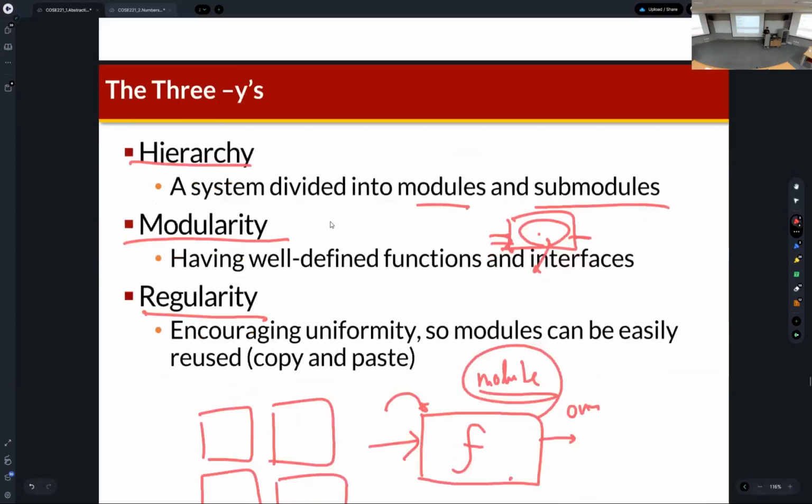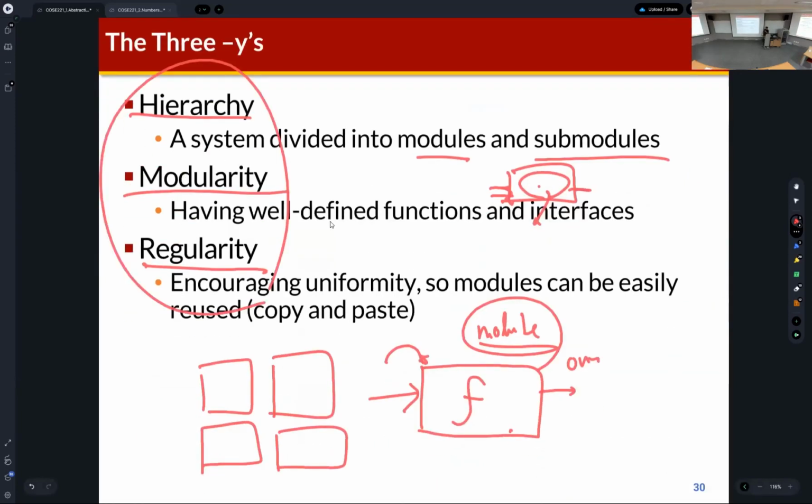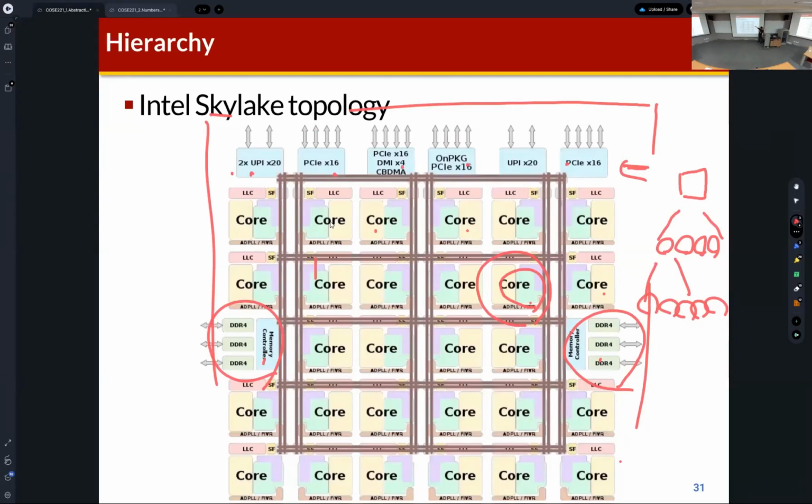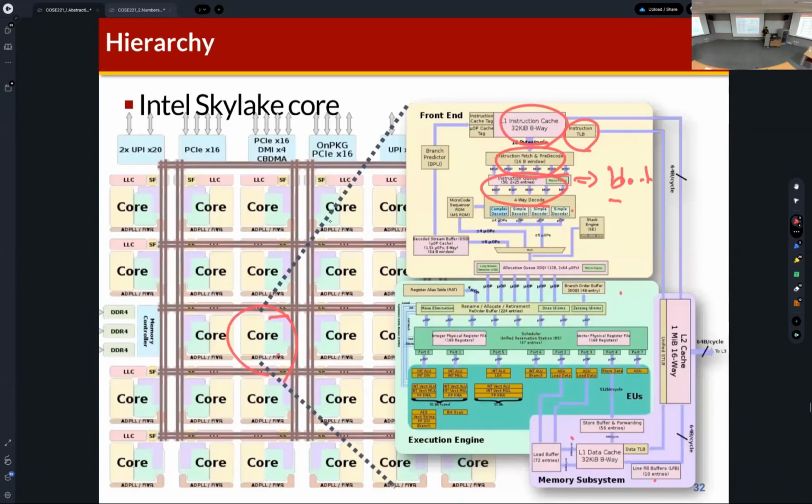By using this methodology of hierarchy, modularity, and regularity, many engineers can focus on the detailed components of this complex design, and then they can assemble the design components to make a very large digital system, a single Intel server CPU. So how can we manage these complex digital systems?